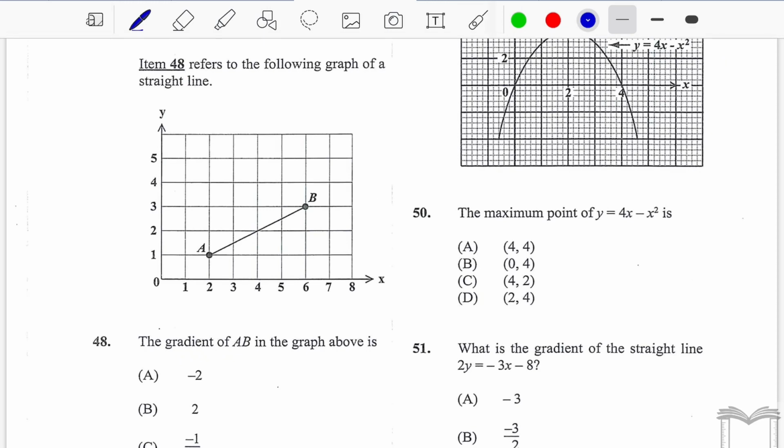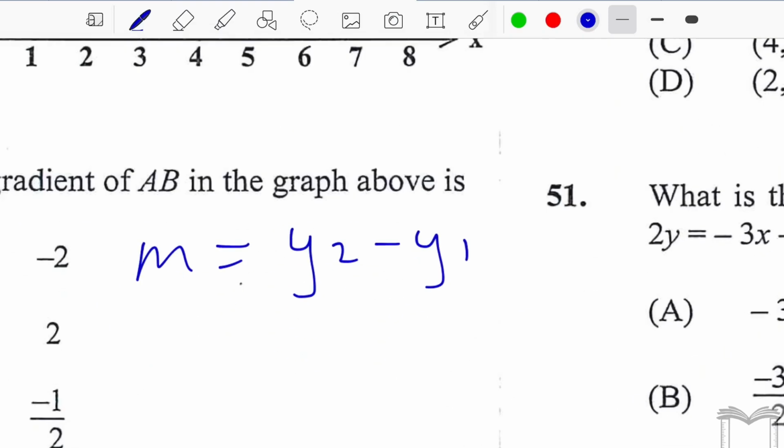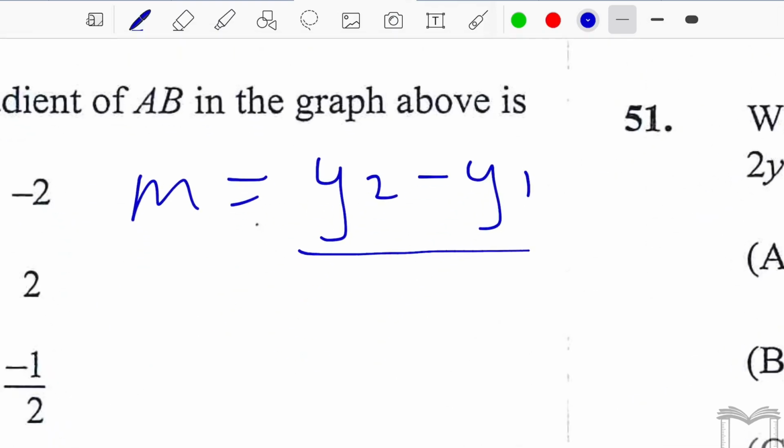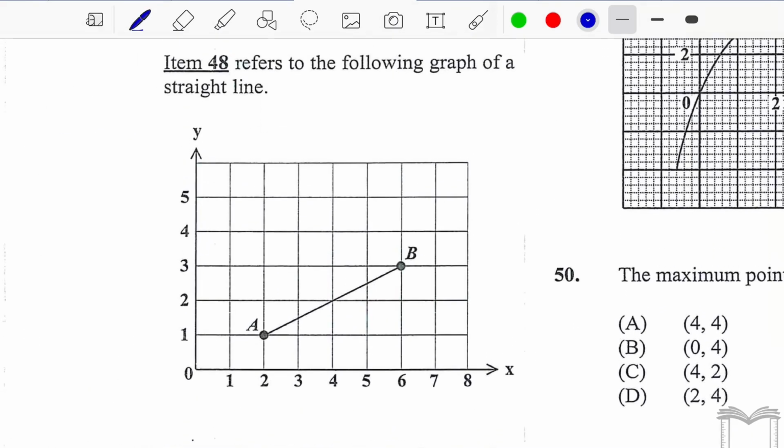Item 48 refers to the following graph of a straight line. The gradient of AB in the graph above is, so the formula for gradient is m is equal to, m is for gradient, y2 minus y1 over x2 minus x1.